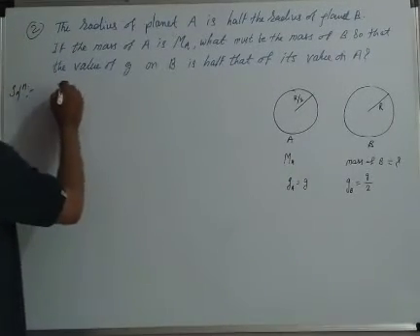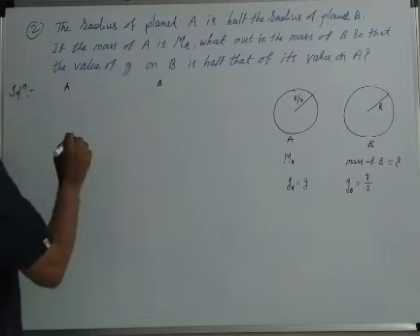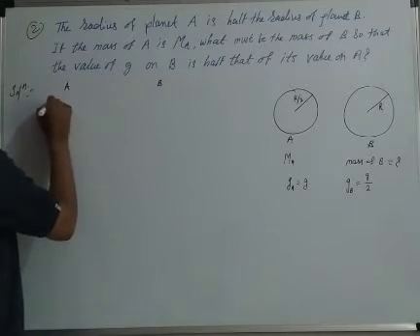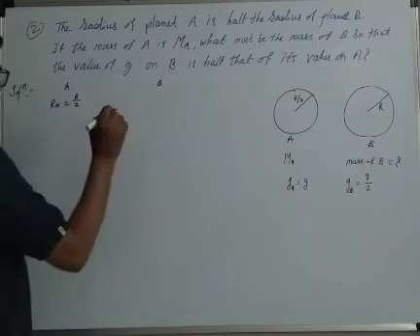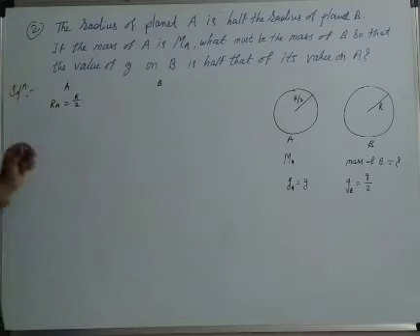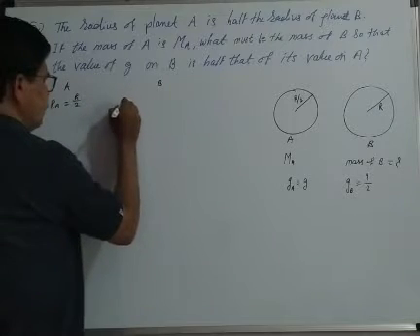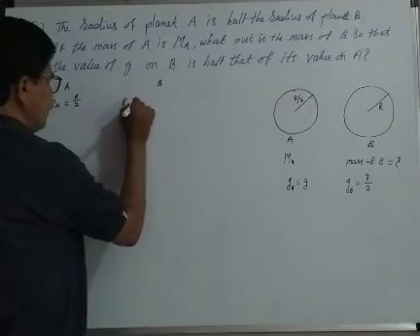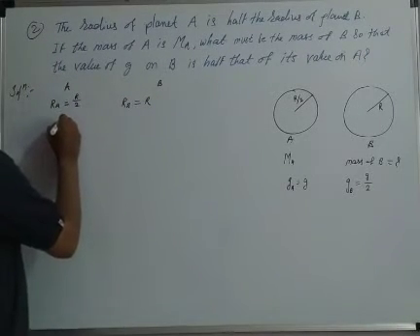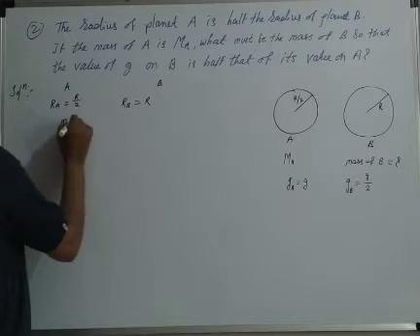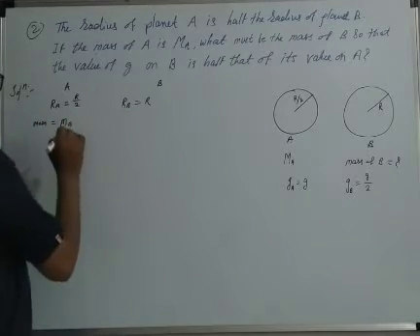First, we write the given quantities for A and B. For A, the radius RA is equal to R by 2, because the radius of A is half of the radius of B. Let the radius of B be RB equal to R. The mass of A is MA.